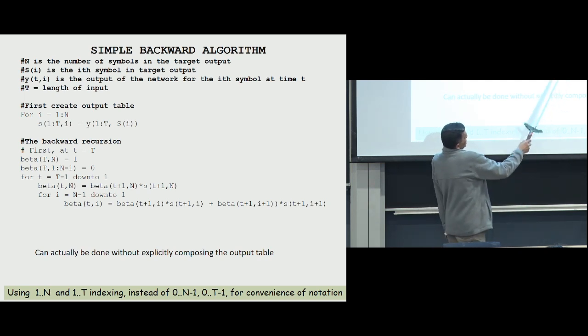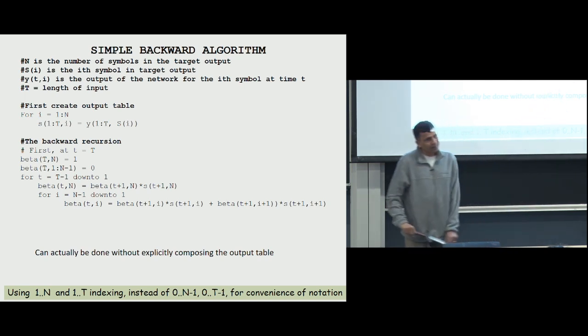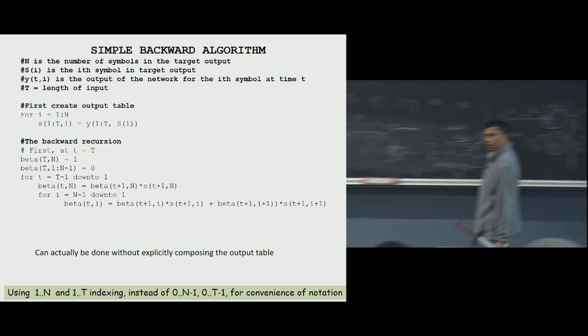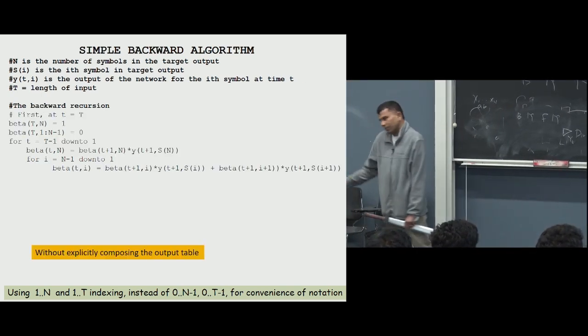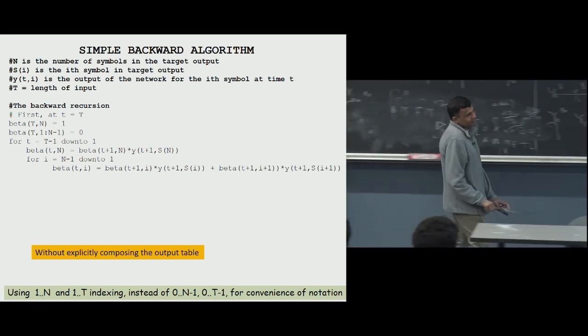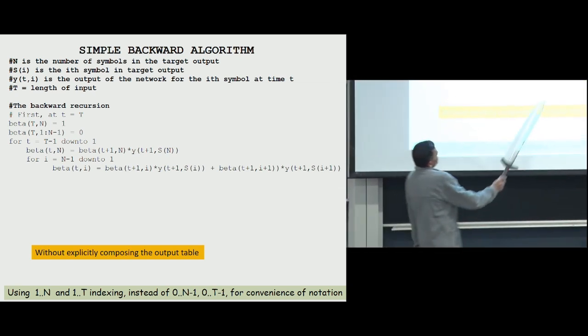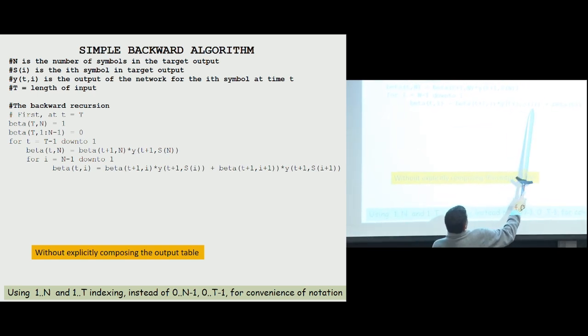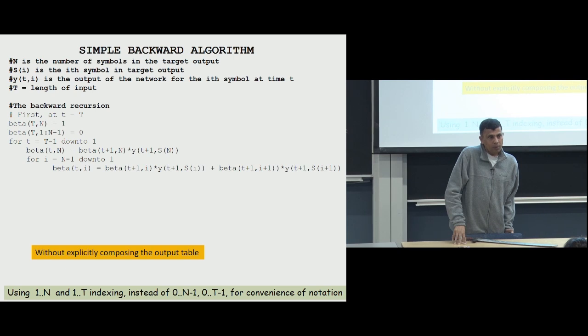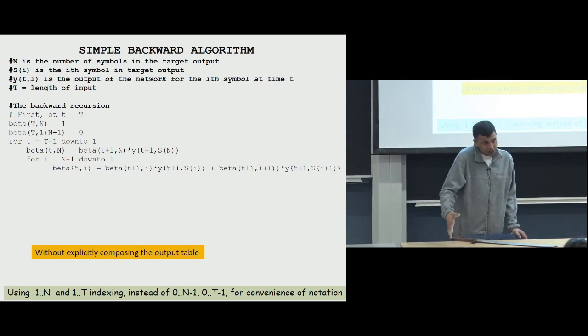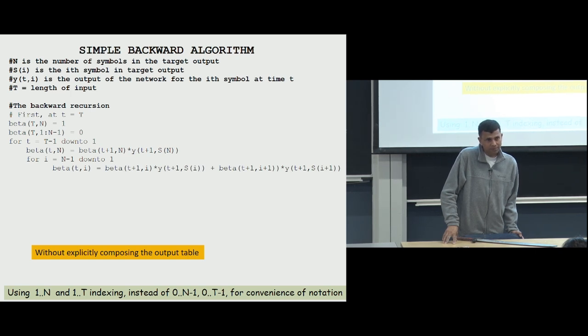So instead of explicitly creating this table, I can directly refer to the original y's itself, like so. This bypasses the explicit construction of the table, but implicitly, yes, we actually construct that table. This is to make sure that you don't get rubbish alignments.